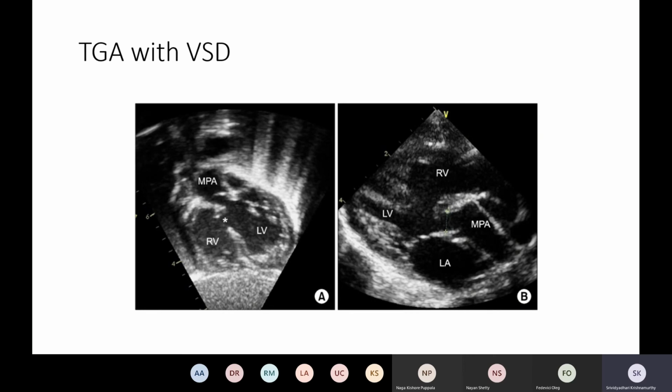So malalignment of this ends up creating a VSD in TGA, and that explains why we see that very often. And this is a parasternal long axis view where you can see the left atrium, left ventricle, and of course the MPA coming off the left ventricle there, and you can see the VSD.